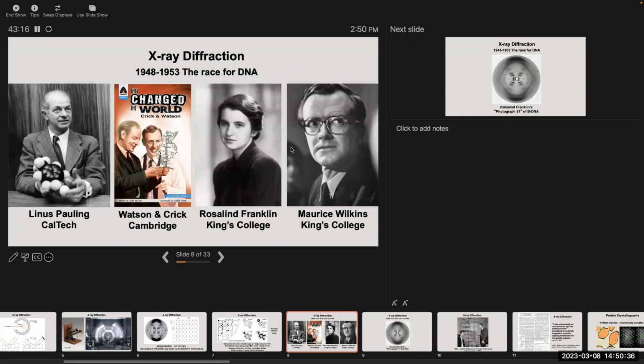And so based on this bad X-ray diffraction data that Linus Pauling was getting at Caltech, he thought that DNA was a triple helix, 3 strands of nucleotides coiling around one another. And he thought that the sugar phosphate backbone was in the middle and the bases all faced out towards the outside, which really was probably one of his few really big mistakes, because there's no way chemically that could possibly happen. But the X-ray data was telling him that that's what the structure was.